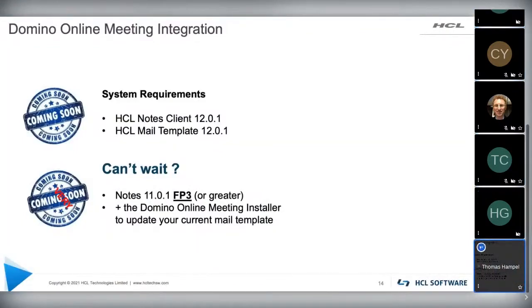Yes, the reason for FixPack 3 for 11.0.1 was that we encountered an issue with returning or parsing out the status code that comes back from the meeting providers with the Notes HTTP request. That was fixed in 11.0.1 FixPack 3. So that's the requirement for the client. These are only requirements on the client because it's only running on the client.